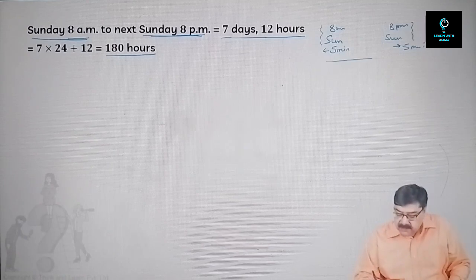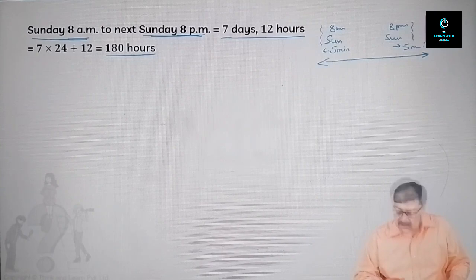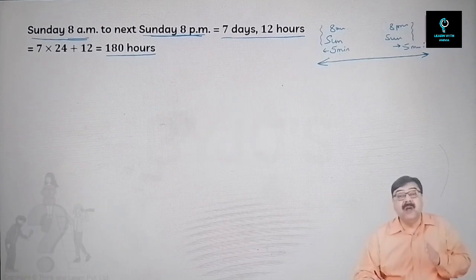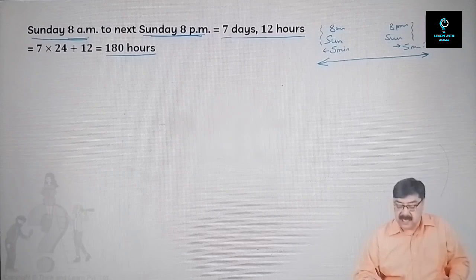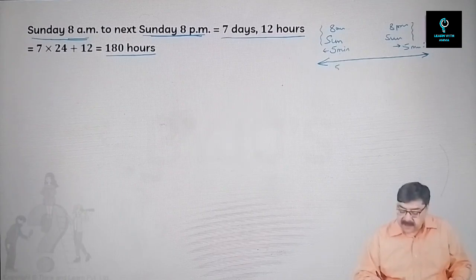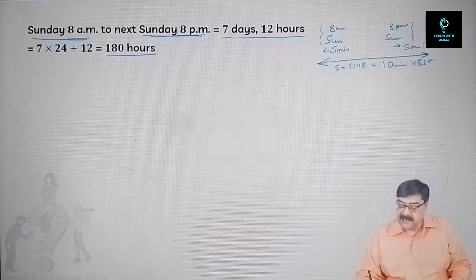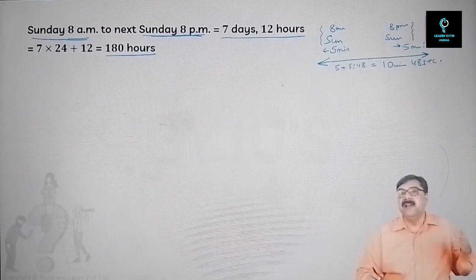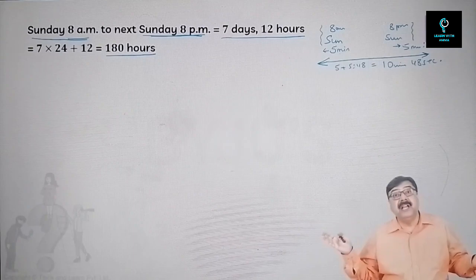So that means from this to this, clock in this 1 week, that is 7 days and 12 hours, has gained 5 plus 5 minutes and 48 seconds, that is 10 minutes and 48 seconds. It was 5 minutes slow. After a week, it is 5 minutes 48 seconds fast.